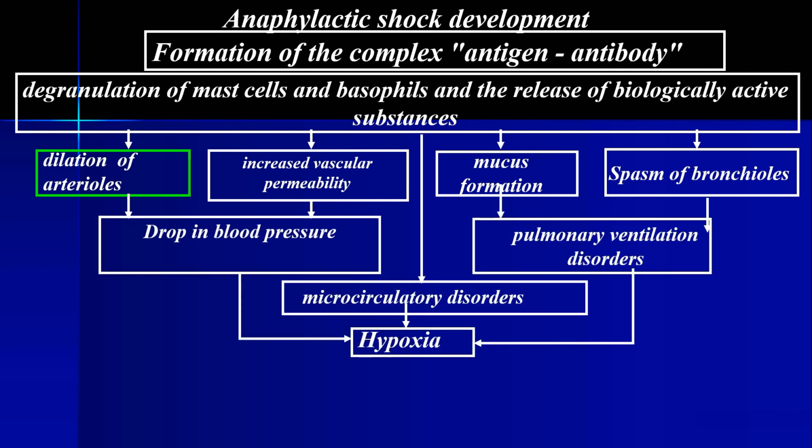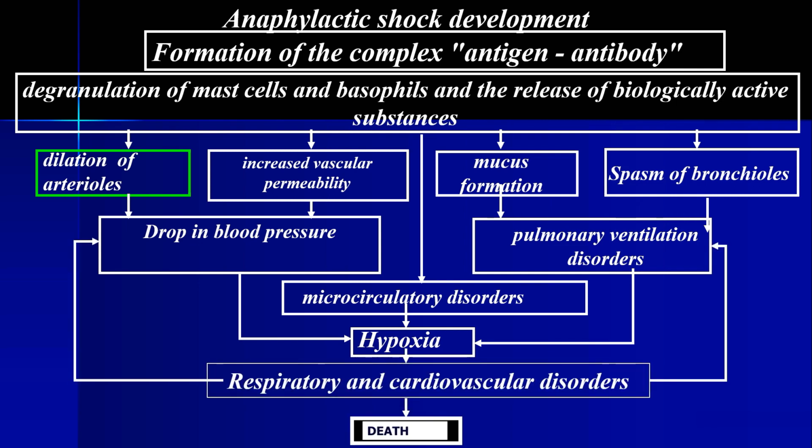Anaphylactic reaction, anaphylactic shock, develops in the first type hypersensitivity reaction. Anaphylactic reaction occurs in all warm-blooded animals. In cold-blooded animals, only under certain conditions may anaphylaxis-like changes be observed.